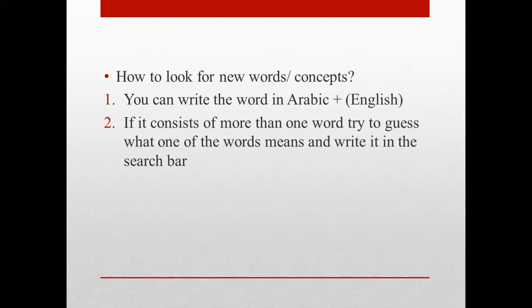The search engine itself, we write the word we want. For example, the source text is in Arabic. So I write down the word in Arabic, and then I add the word English. I'll give you an example. Let's say I'm looking for something that's called العصف الذهني, and I couldn't find it in any of the dictionaries I have told you about.